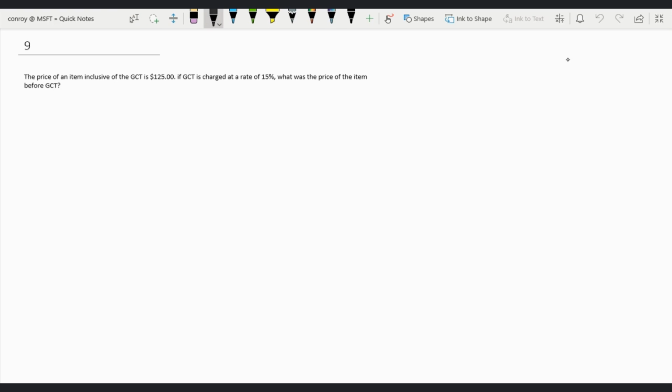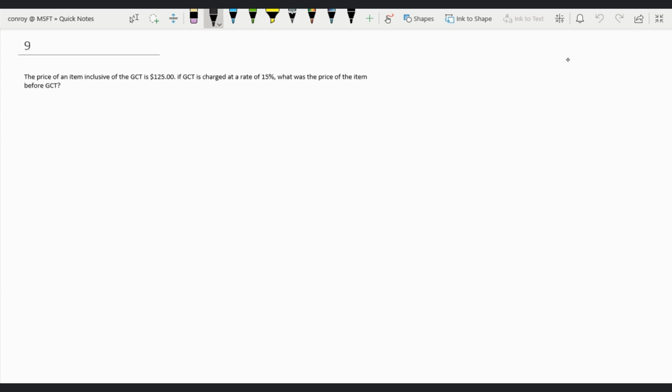Our next question says the price of an item inclusive of the GCT is $125. If GCT is charged at a rate of 15%, what was the price of the item before GCT? So basically, I wanted to know what the cost price was before the GCT was added to the cost price to give us the selling price.